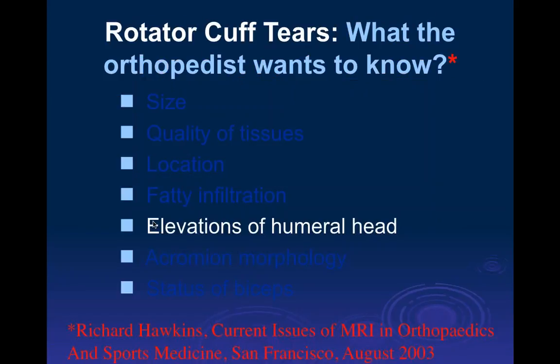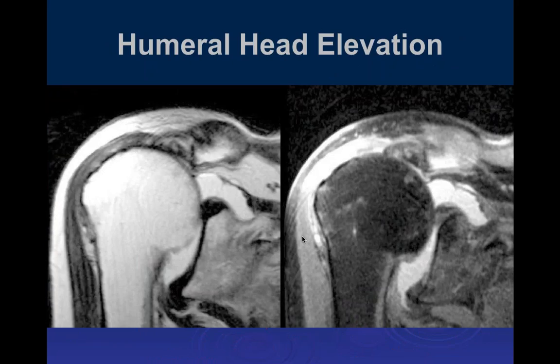The next thing that he wanted described in the report is elevation of the humeral head. We've seen that on a number of cases. Here we can see that the humeral head is markedly elevated with the direct bone-on-bone articulation with the acromion, which is also abnormal here with a lot of eburnation. Here we can see the supraspinatus tendon is torn and retracted.